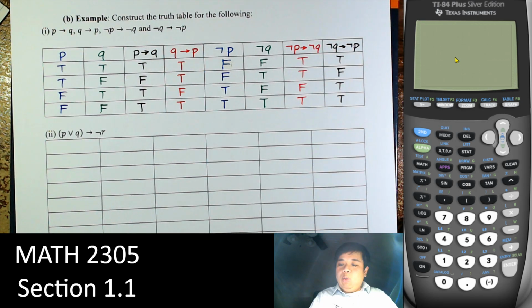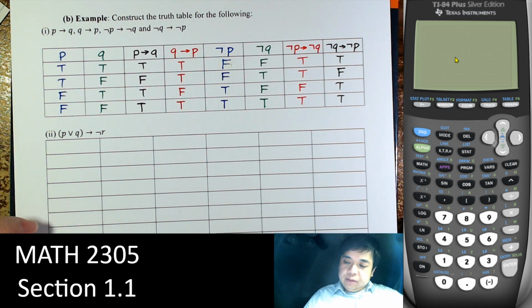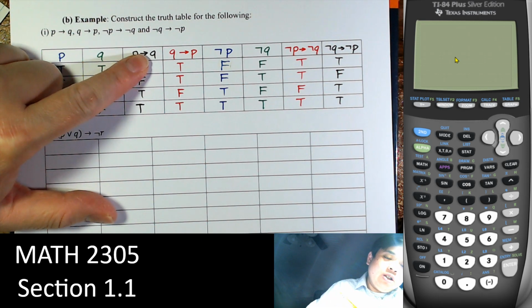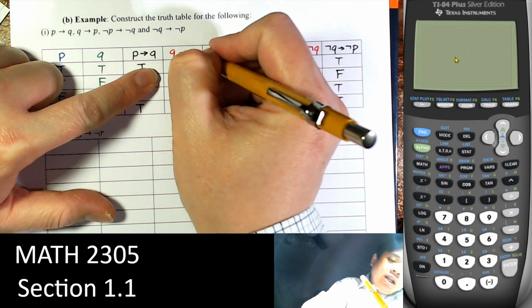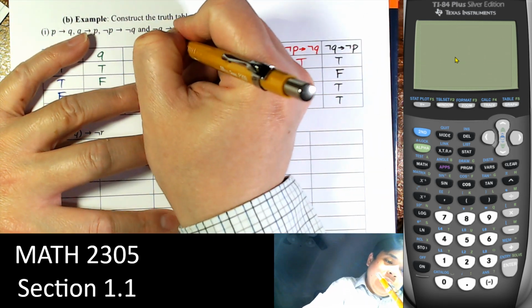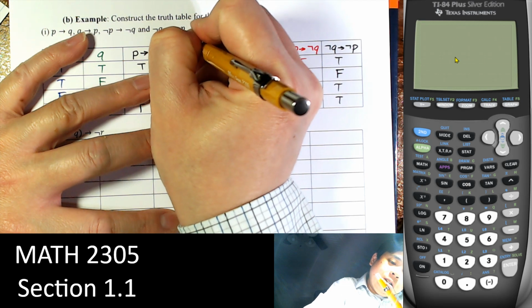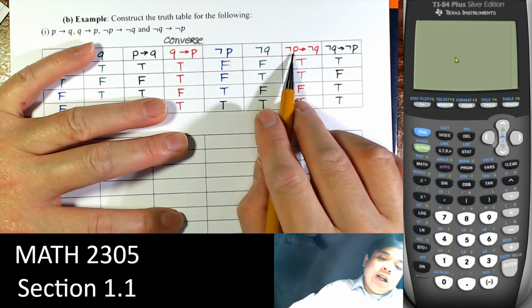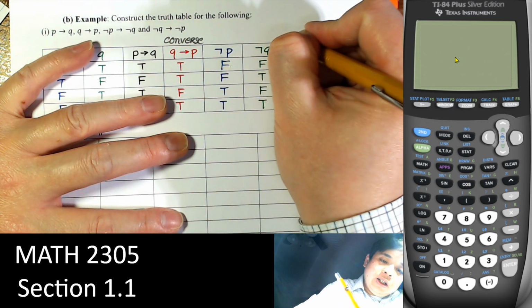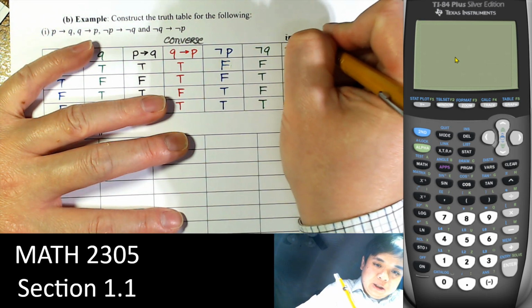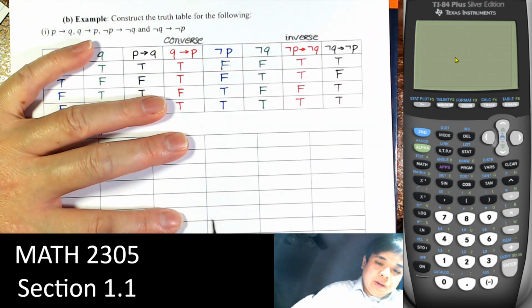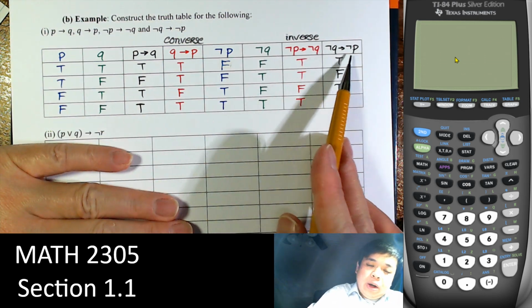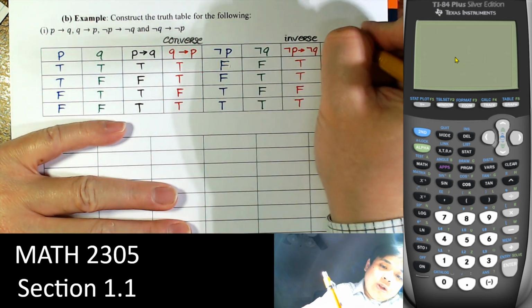Now, when we look at this, what do we have here? So this is the conditional statement. Q implies P, so this is just an interchange. So this is the converse. And this with the negation is the inverse. And not Q implies not P, this is the contrapositive.